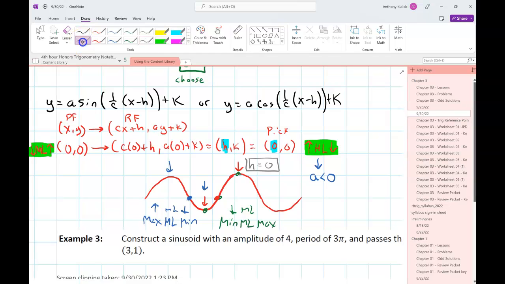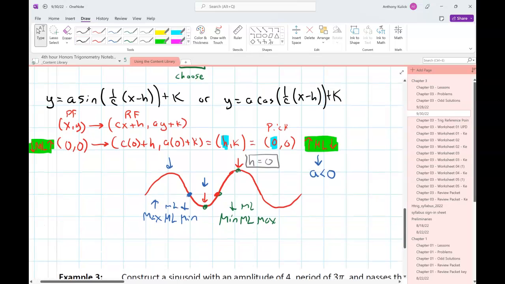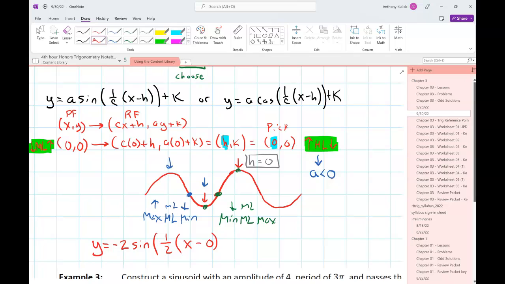So our answer then for sine, or one possible answer, I should say, was -2 times sine of 1/2 times x minus 0, plus 0.